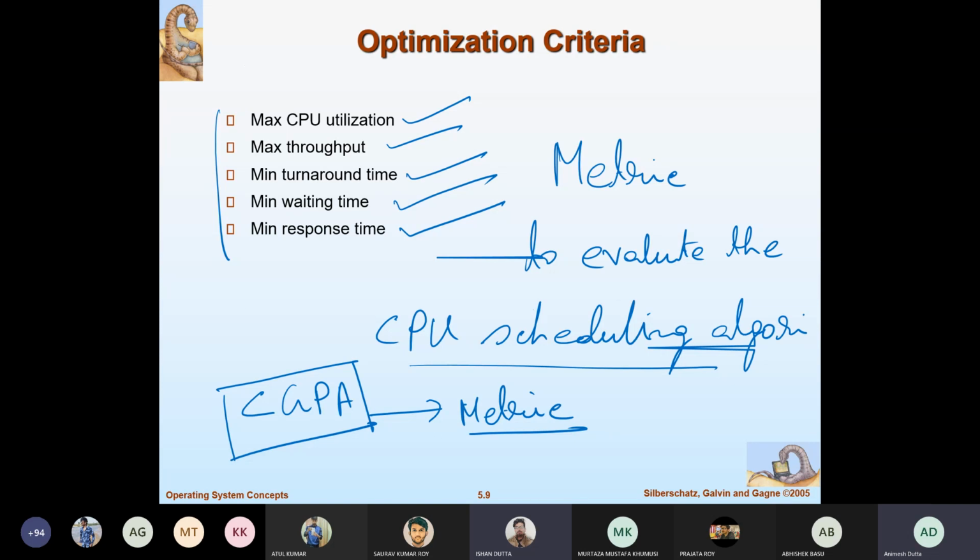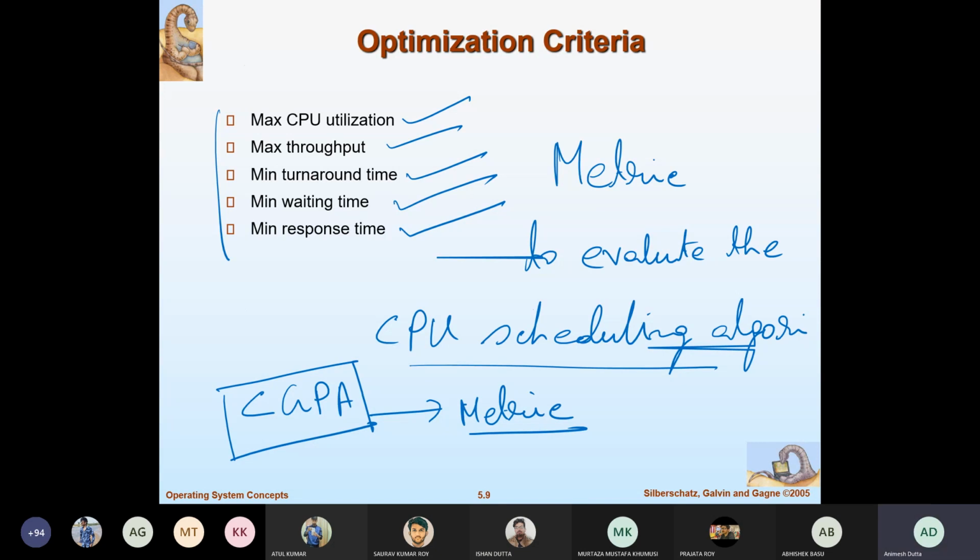See, real-time systems are those systems where the task comes for execution with some deadline. This deadline also can be of two types: soft real time and hard real time.